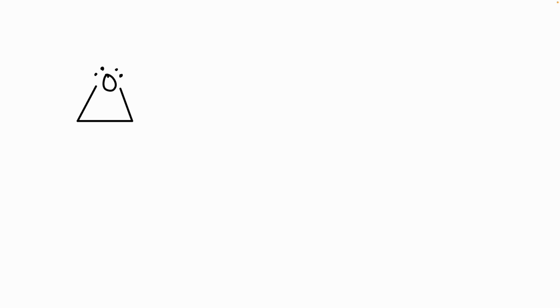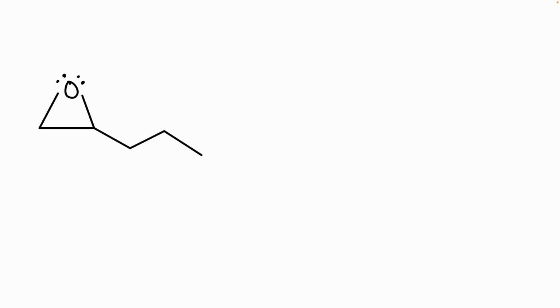All right, so now instead of using just my very simplest epoxide, I'm going to use one that's a little bit longer. So instead of 3 carbons, we've got a bunch more on here. We're going to react this thing with our cyanide ion.